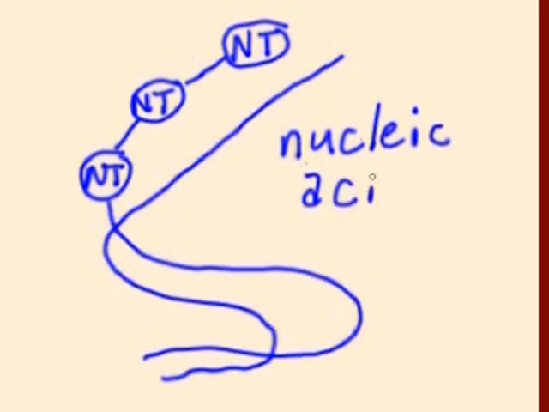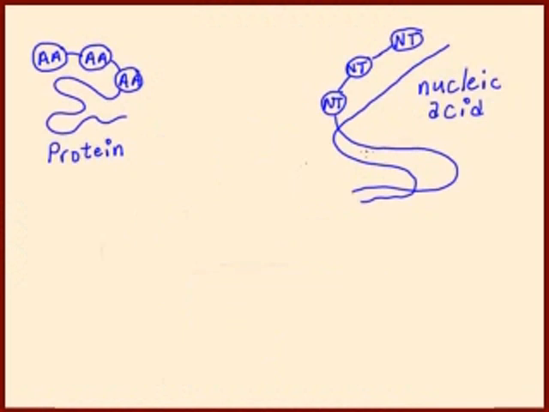And nucleic acids, there are 2 nucleic acids in the human body, DNA and RNA. And so that's the second large molecule found in living organisms. The third molecule is going to be a long string of sugars.